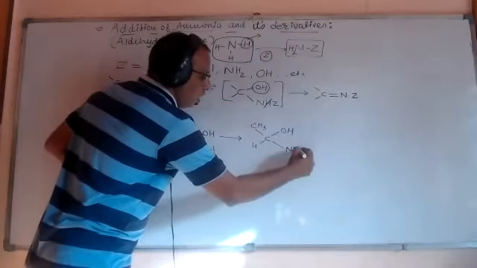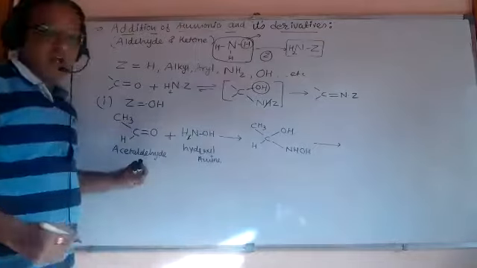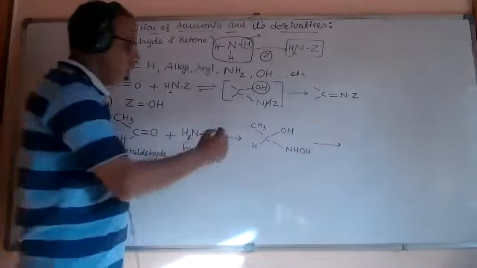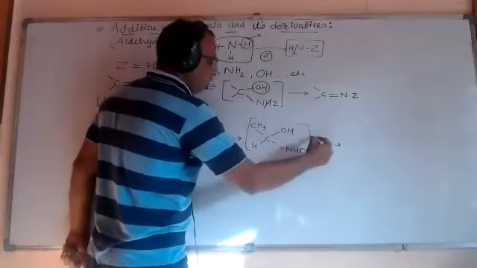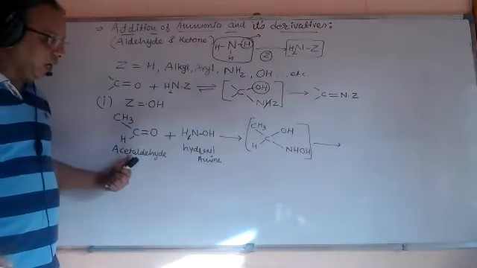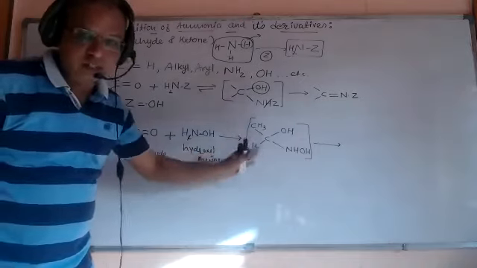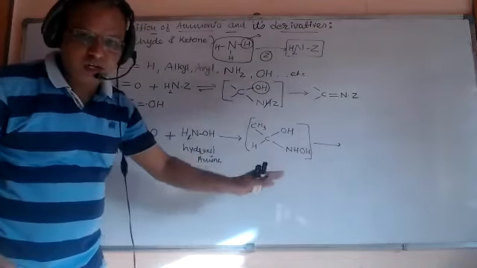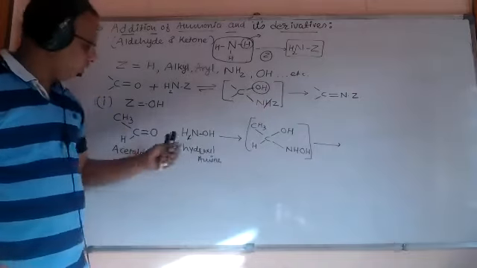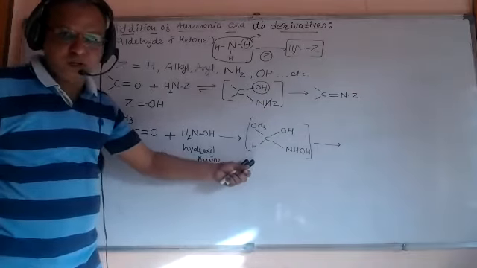So this is NHOH. This is the addition reaction of the first step, called the intermediate. You can also call it acetaldehyde hydroxylamine. This is the combination of these two, written as the name of the intermediate.